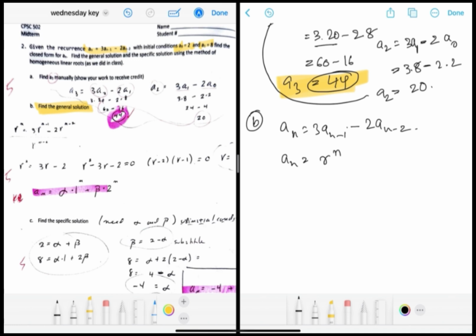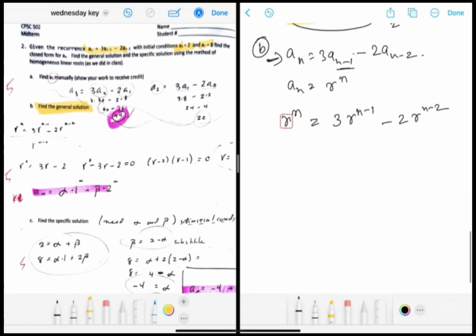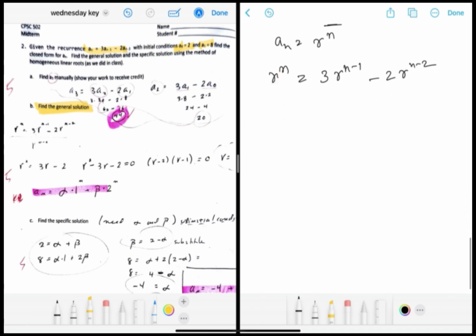So we substitute r power n into this equation. So r power n equals 3 r power n minus 1 minus 2 r power n minus 2. Then later on we will divide this by r power n minus 2.